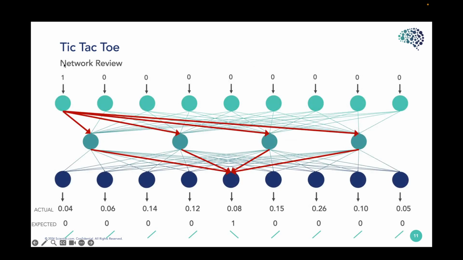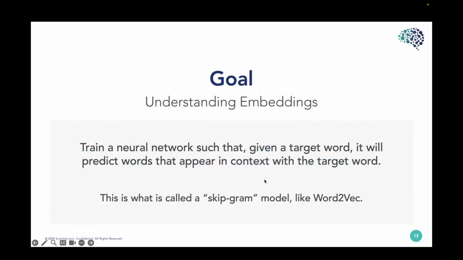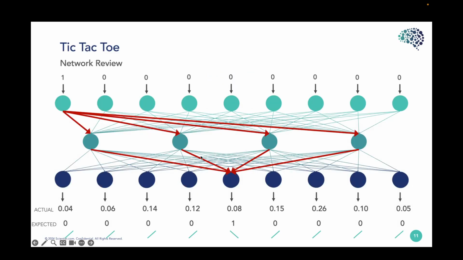We had an input. In this case, it was 1 followed by 8 zeros. And we had an expected output. In this case, it was 4 zeros, 1, and then 4 zeros. We fed the data forward, and then we used back propagation to adjust the weights. You will recall that, using all the math that we did last time that I'm not going to rehash here, the math of back propagation caused some of these weights to strengthen and some to diminish, all with the goal that when you get a 1 here, you output a 1 here.